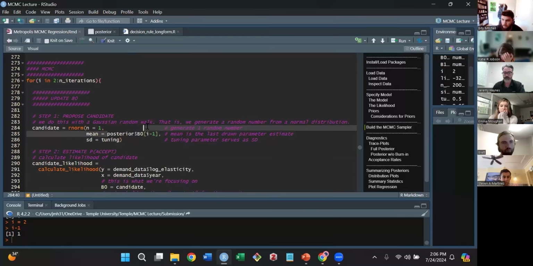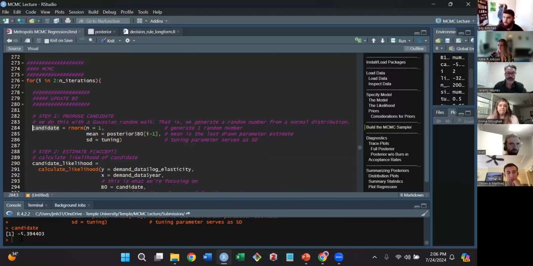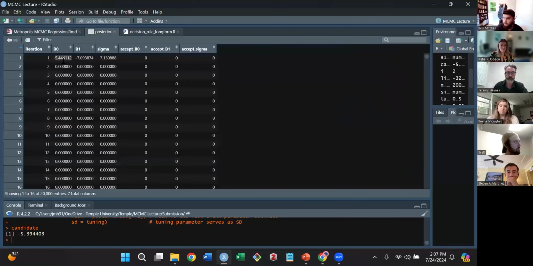That's what we're going to use as the mean to generate a candidate. And then the standard deviation is the tuning. This generally governs how far our candidates go from sample to sample. We'll see this in the trace plots later. So generate a candidate. The candidate is negative 5.39. That's not too far from the first value here.